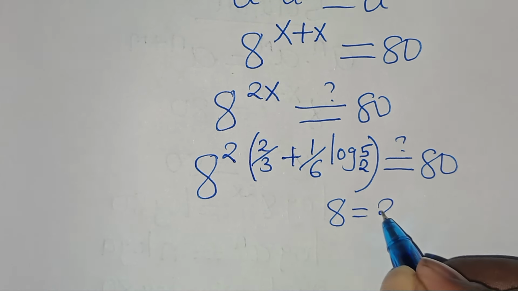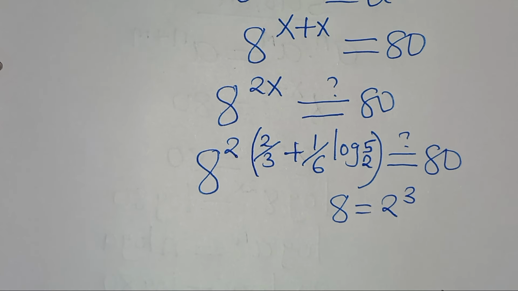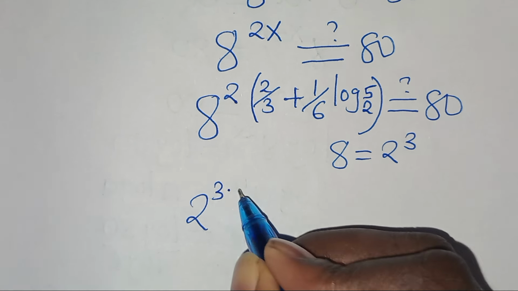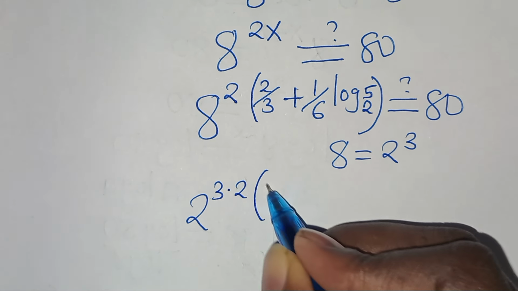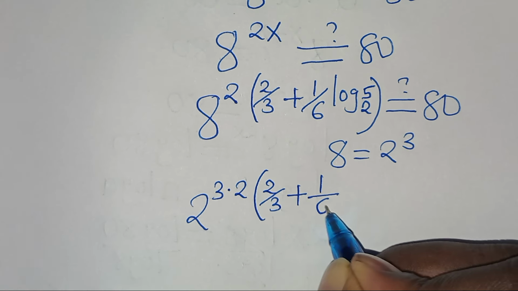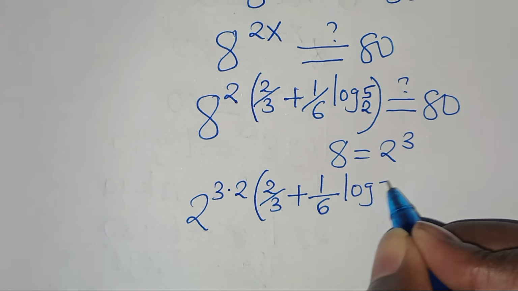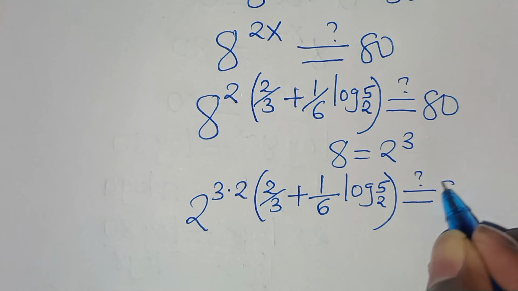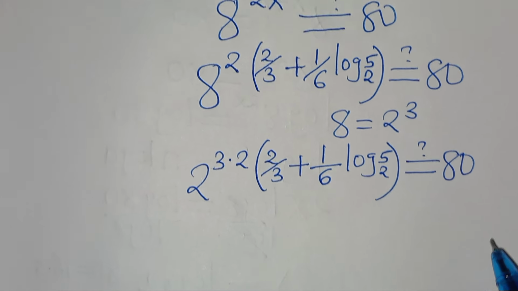This is the same thing as 2 to the power of 3. So we have 2 to the power of 3 multiplied by 2 into the parentheses. This is 2 over 3 plus 1 over 6. This is log 5 to base 2. And this should give us a value of 80.